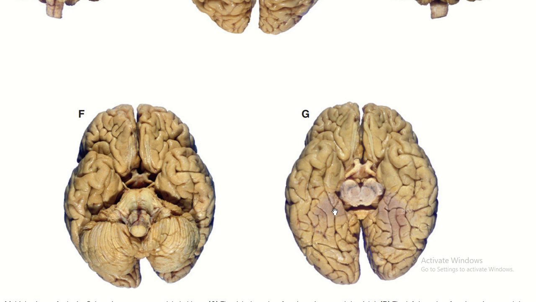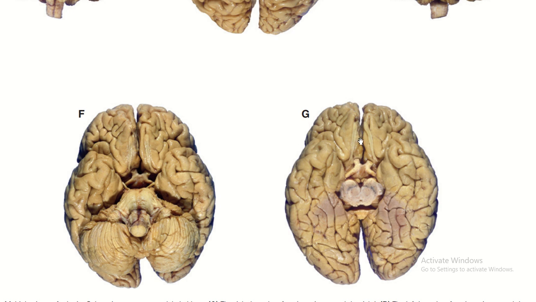So the limbic system has two main functions. One, it is memory function. Two, it is olfactory function. Those are the main functions of the limbic system.